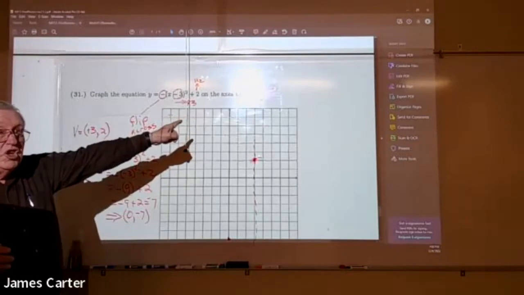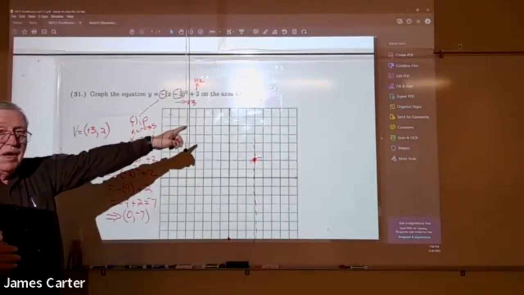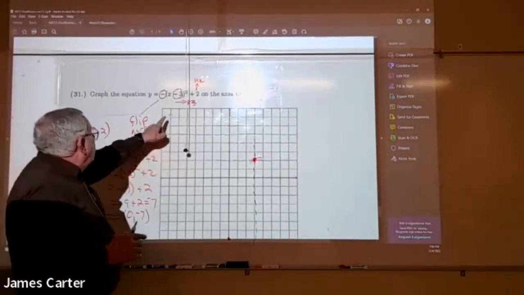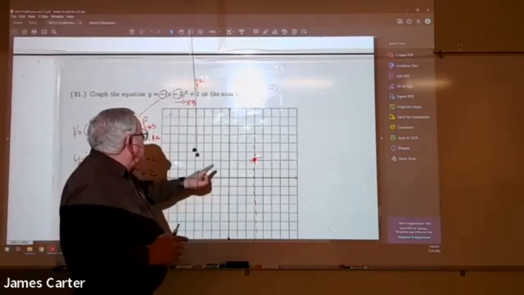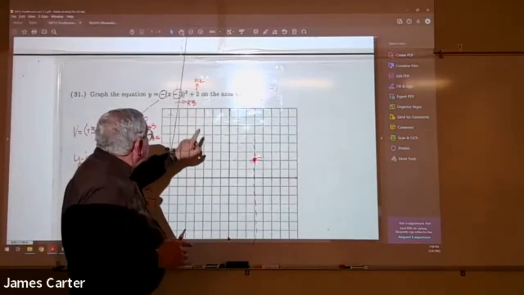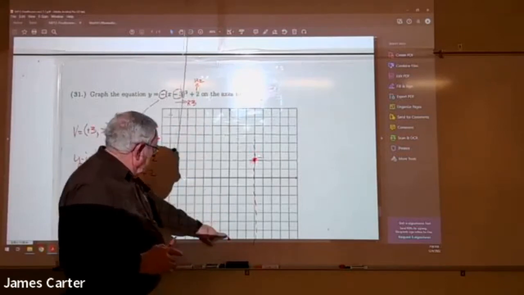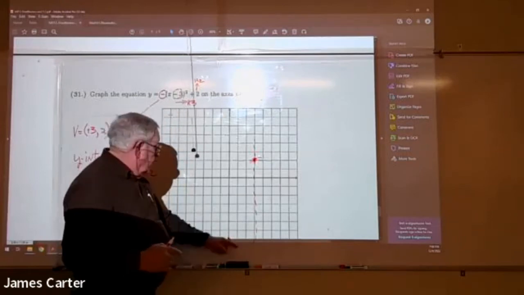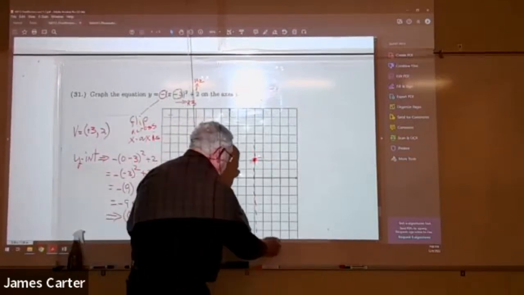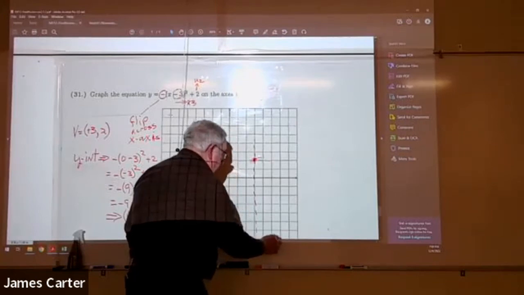No. You could. It'd be a bother. It only tells you to graph it. Now, because of that, if you know that this is 1, 2, 3 spaces from there, then it's got to be 1, 2, 3 spaces from there. Right?